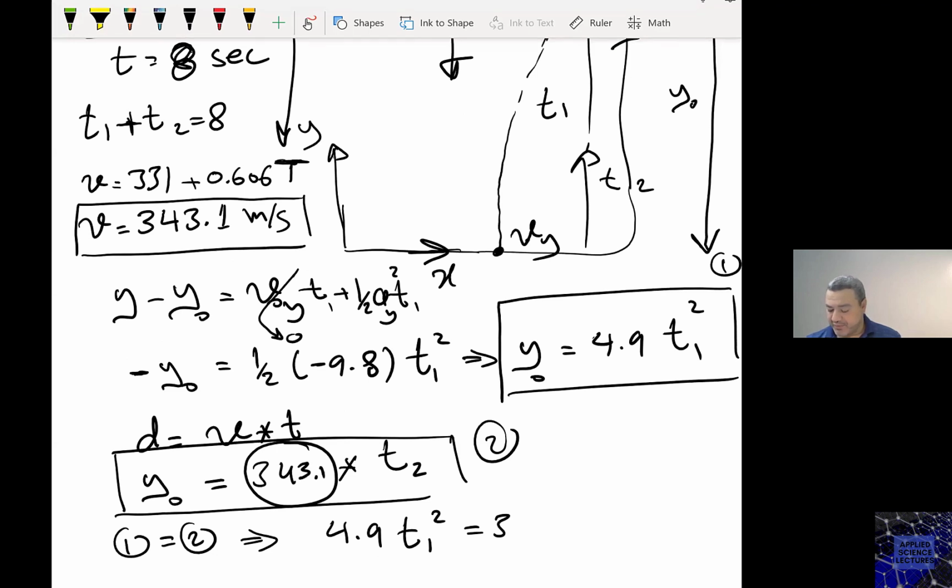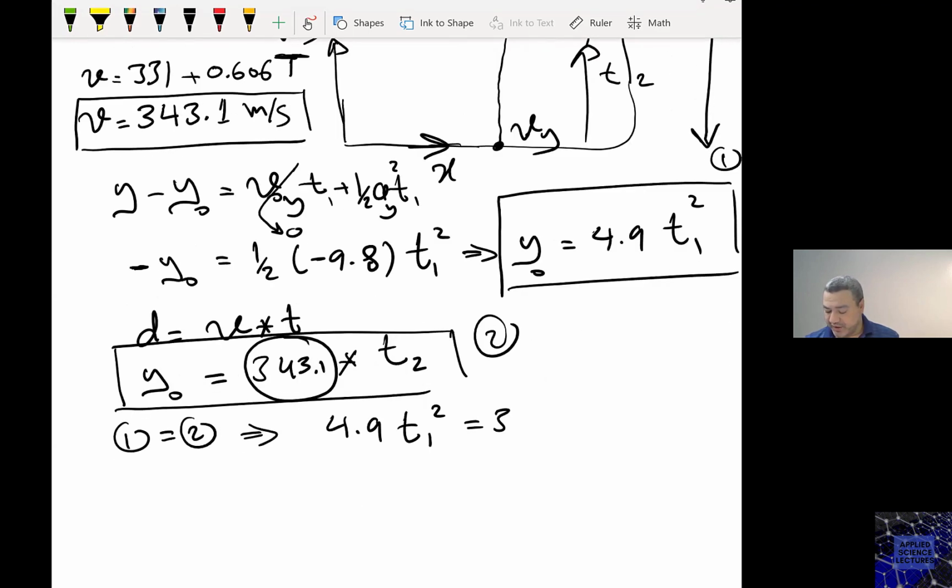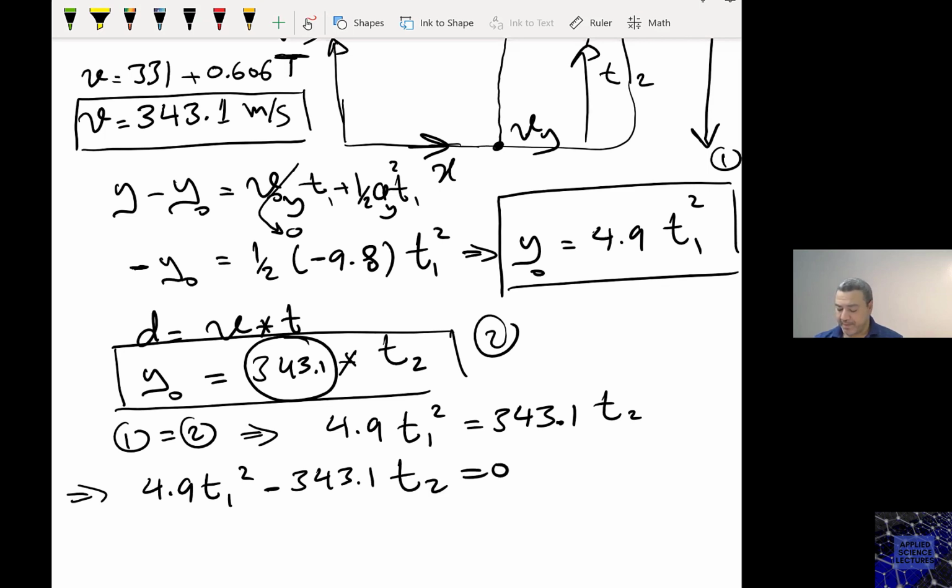Now, if I equate those two equations, then here I have 343.1 T2. Moving T2 to the other side, I have 4.9 T1 squared minus 343.1 T2 equals 0.